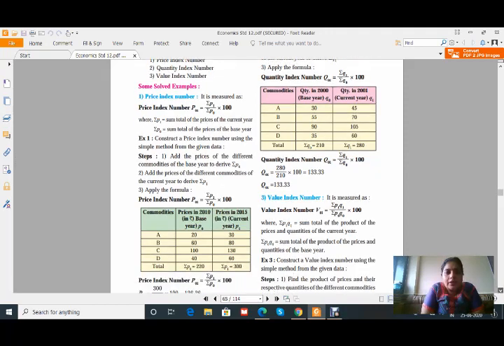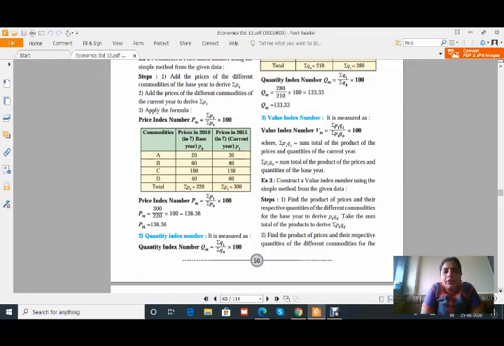The very first example: commodities A, B, C and D are given, and the prices in 2010 in rupees, that is base year, are P0, and prices in 2015, that is current year, are denoted by P1. We have to take the total of the prices, that is summation of P0.